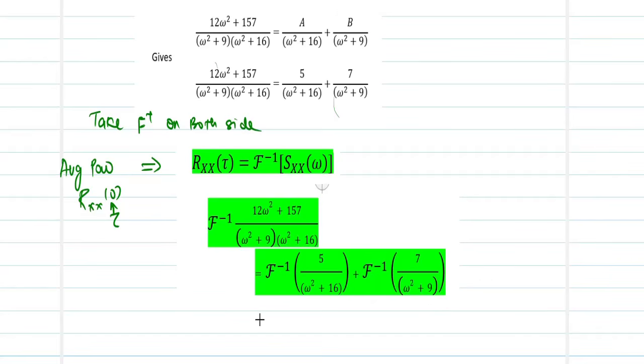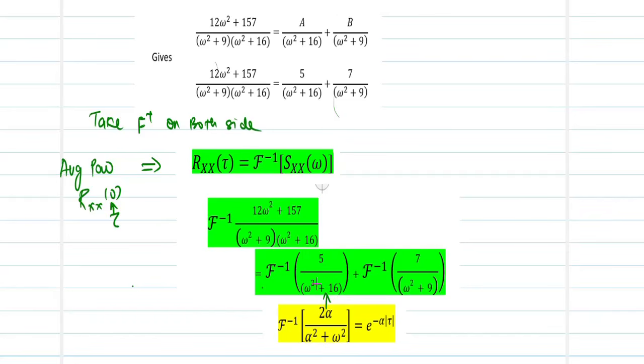Now we will be using the Fourier inverse formula which we have already learned, so that this becomes easy for estimation. What do we know about the inverse Fourier formula? 2 alpha divided by alpha square plus omega square will be equal to e power minus alpha into modulus of tau.